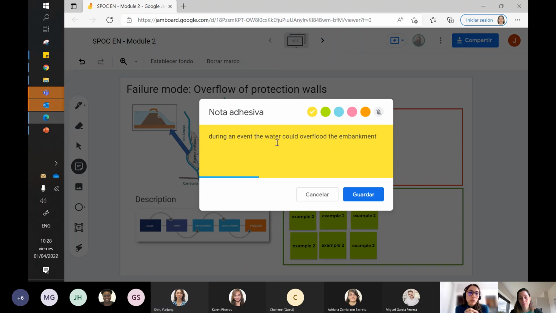Yes. So for what you just said, the load, the reason that this failure may happen, is because of extreme rains and floods, right? Yes, I imagine that the water could go over the protection wall caused by the flood hazard. Yes, perfect.